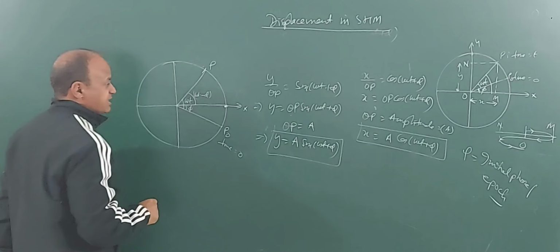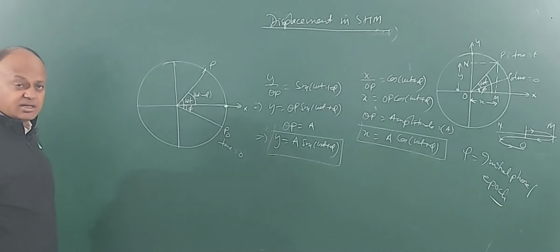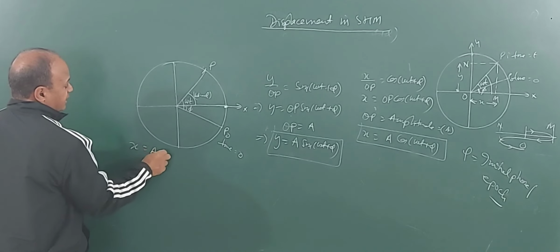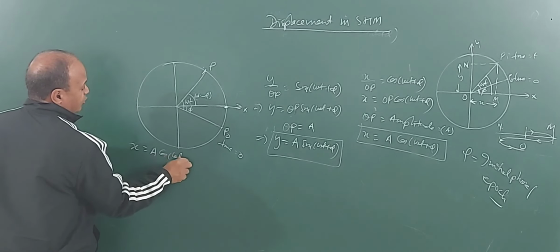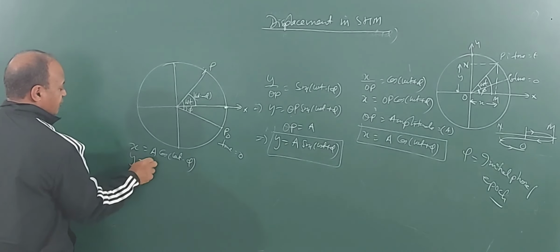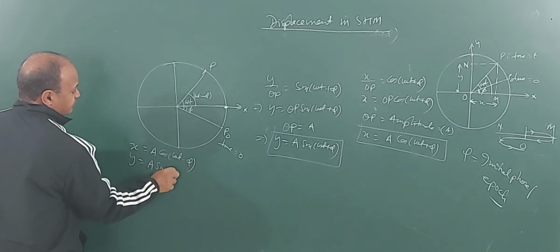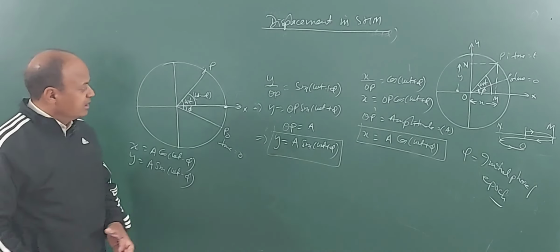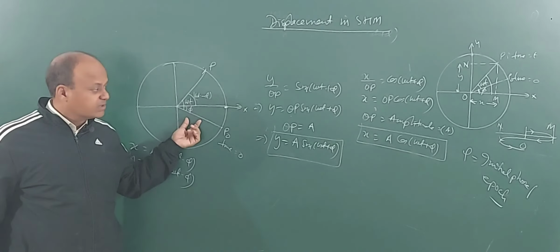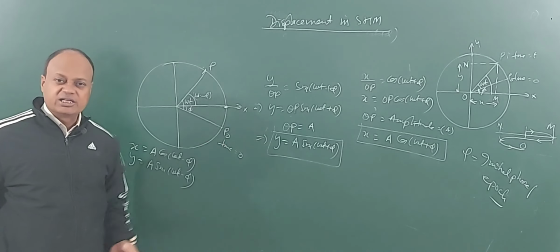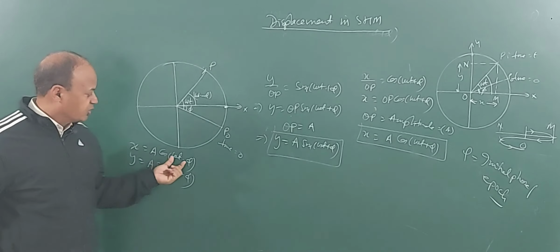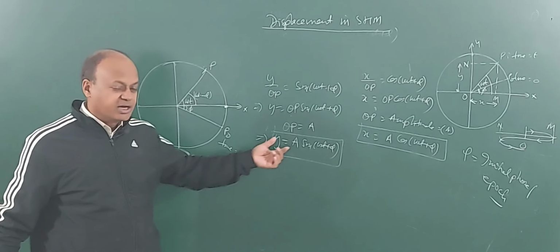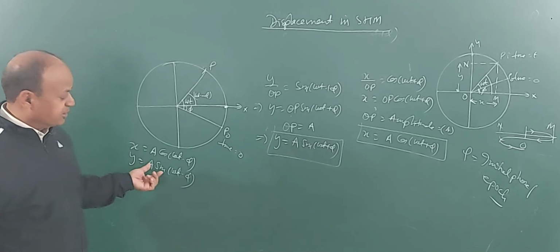So if the particle is having a negative phase, then you can modify the equations. x is equal to A cos(omega t minus phi), and y will be A sin(omega t minus phi). So depending upon the position of the initial phase, we may have A cos(omega t plus phi) or A cos(omega t minus phi). Similarly, the y-axis displacement A sin(omega t plus phi) or A sin(omega t minus phi).